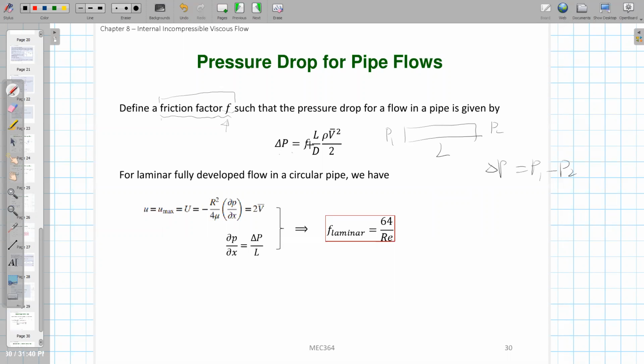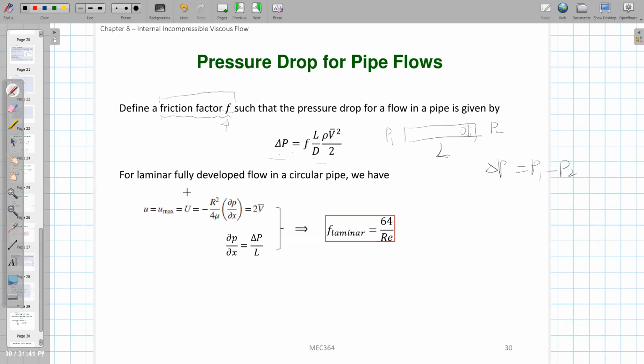Delta P will be equal to F, this friction factor, times this length L, divided by the diameter D of the tube, and times rho V average squared over 2. Rho is the fluid density and V average is the average fluid velocity. So this is the definition of the friction factor.